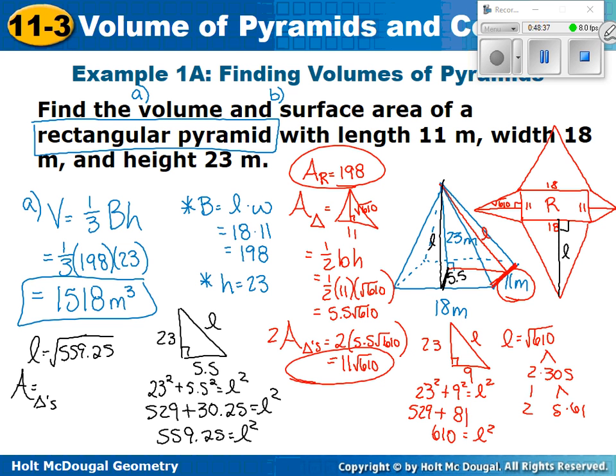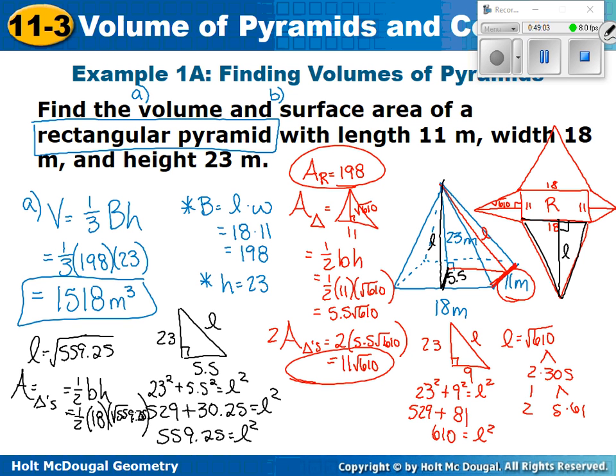Sort of? All right. So now we want to find the area of these 2 triangles. 1/2 base times height. So we have 1/2. Our new base on this one is 18. And our new slant height we found was the square root of 559.25. It's terrible.